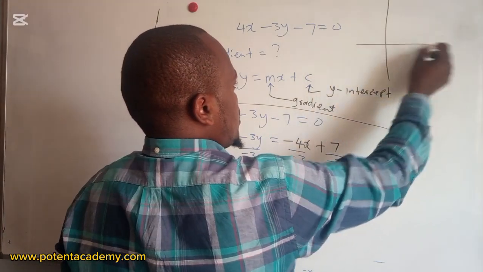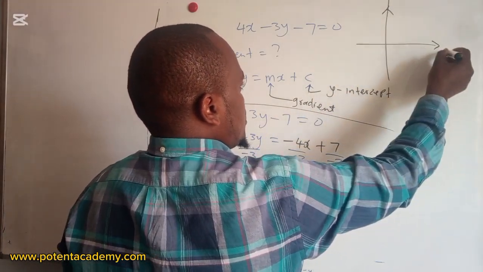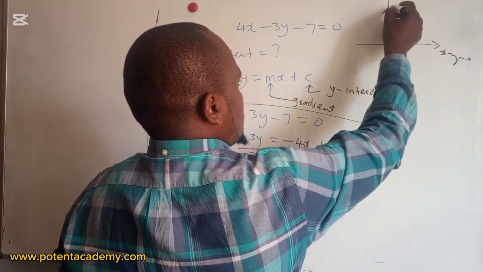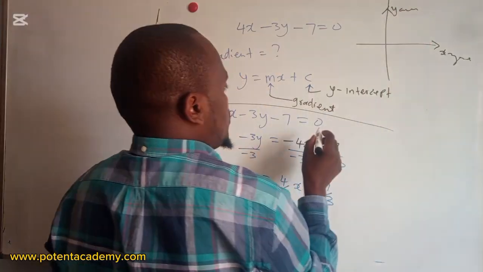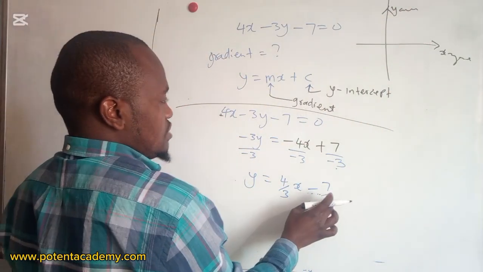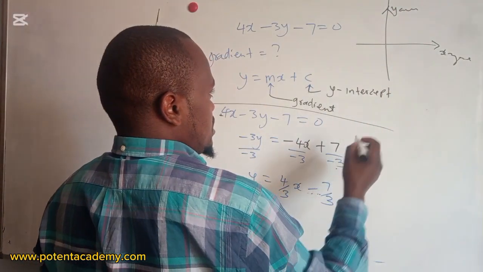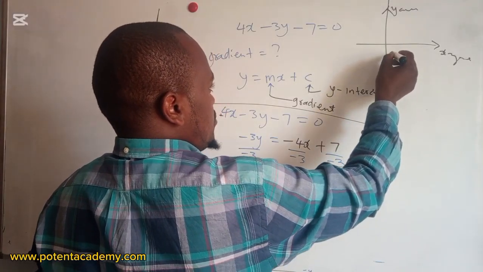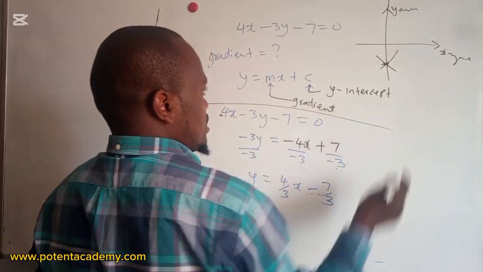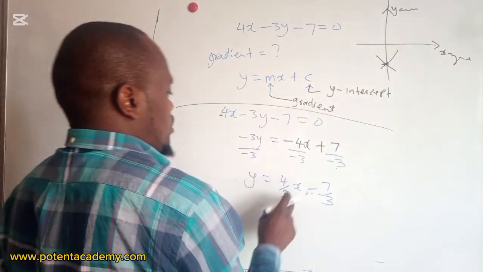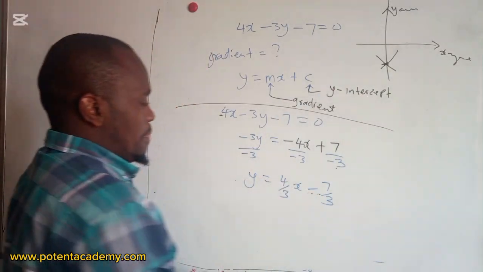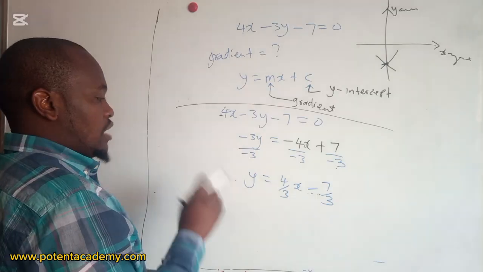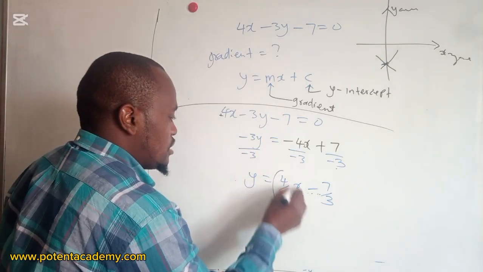When you have this grid, this is the x-axis and this is the y-axis. When you talk about the y-intercept as negative 7 over 3, it means the line cuts the y-axis at this point. Maybe it is going like this or like this. The direction can be determined by the gradient. Anyway, for now, this is the gradient you are being asked.